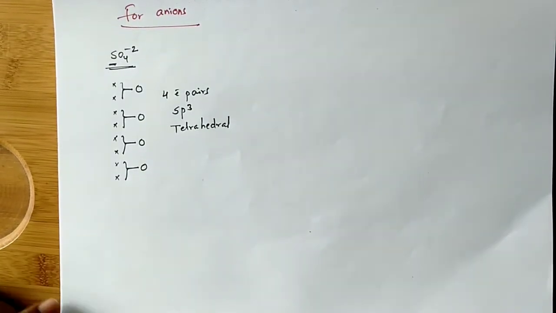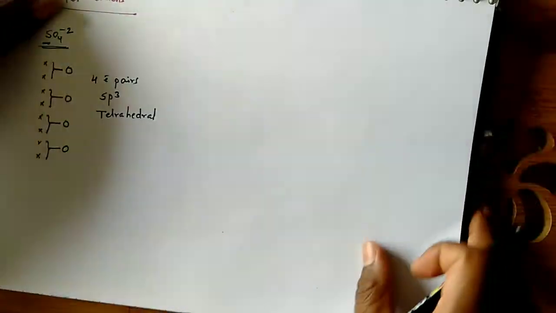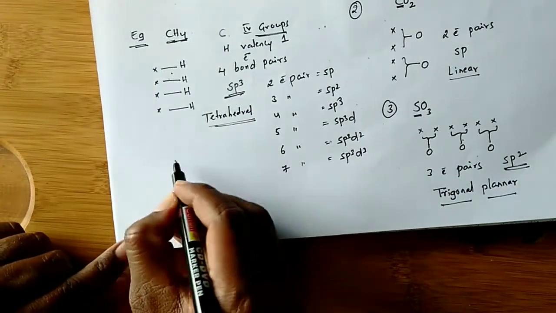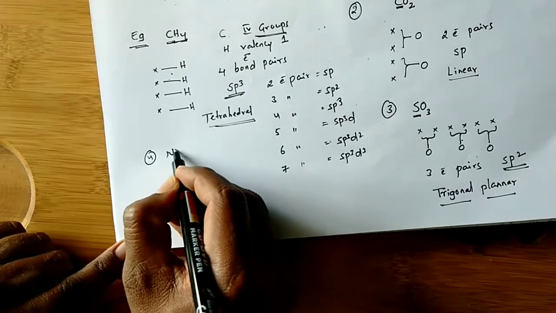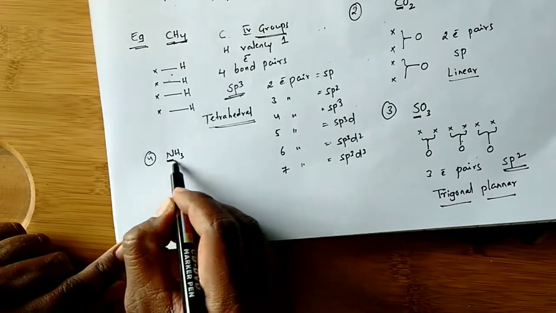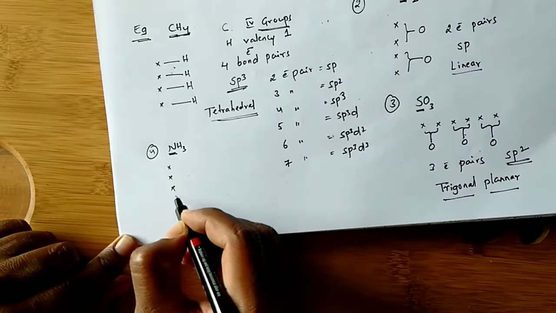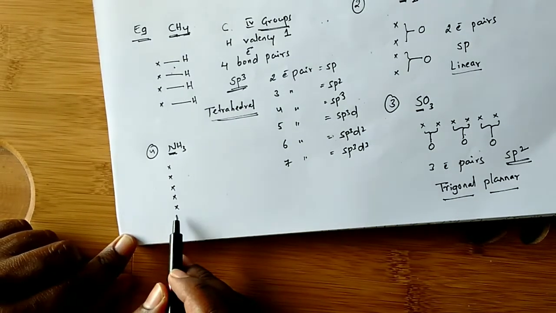Okay, here in a neutral molecule, just now we have seen, if lone pairs are present, how to find it? For example, I am taking ammonia. In ammonia, what is the central atom? Nitrogen. Nitrogen belongs to 5th A group, so I just kept here 5 dots.